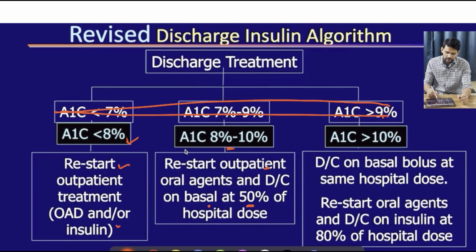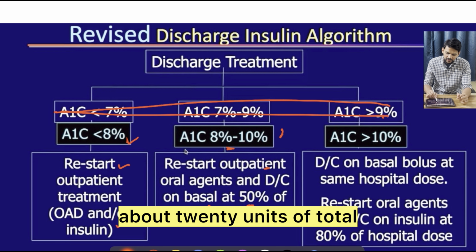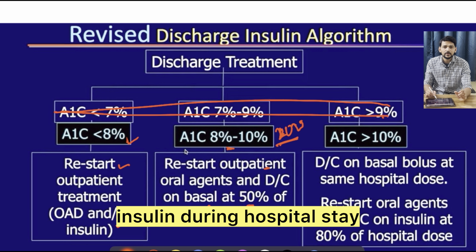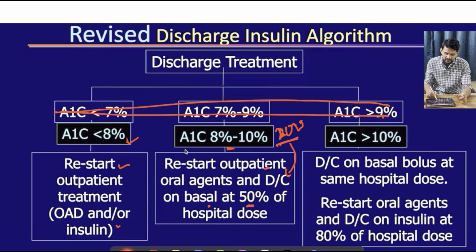For example, if that particular individual was requiring about 20 units of total insulin during hospital stay, we have to make it to 10 units of basal insulin during evening hours. This is for those who have HbA1c in the range of 8 to 10%.